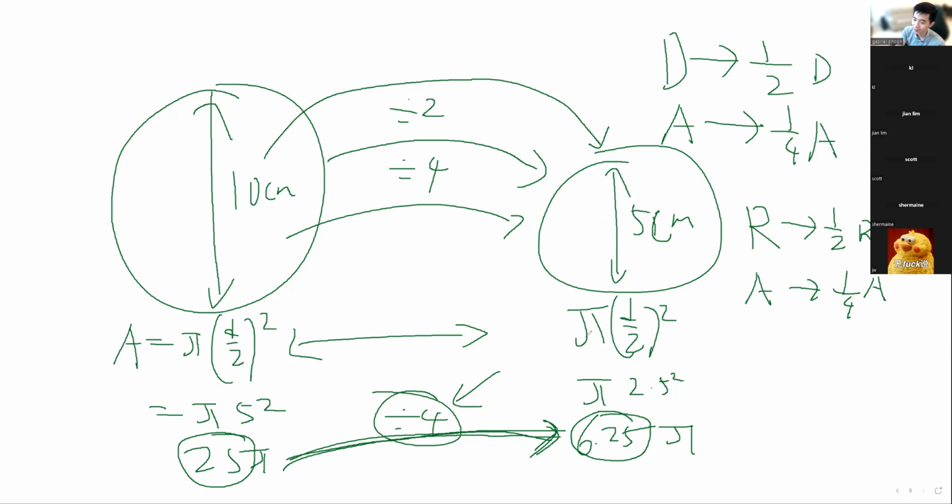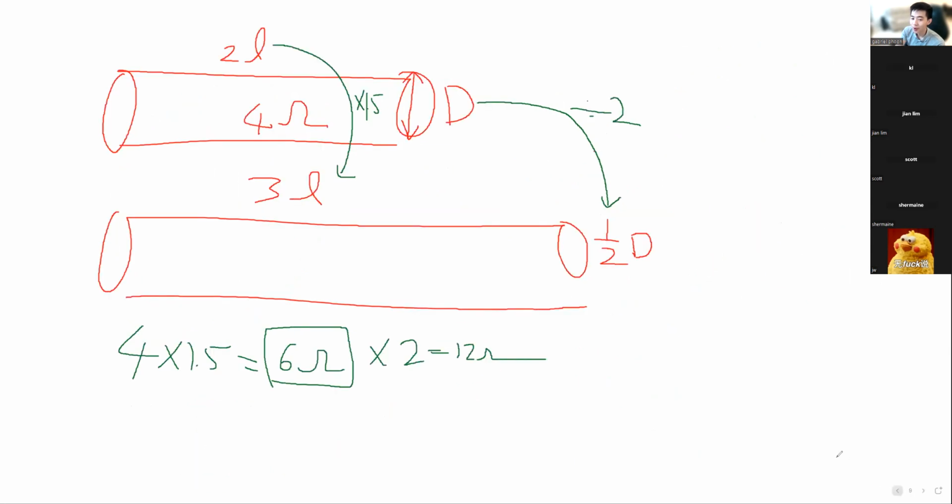So mathematically, yet again, if my diameter divides by 2, assuming that this is the area, this will be a quarter of the area, which yet again shows me that it's a divide by 4.